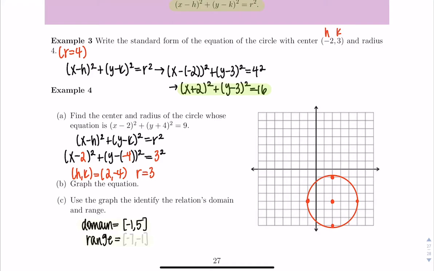My range, which is all my y values, goes from bottom to top. And the bottommost y value I hit is -7. And the topmost y value that I hit is -1.